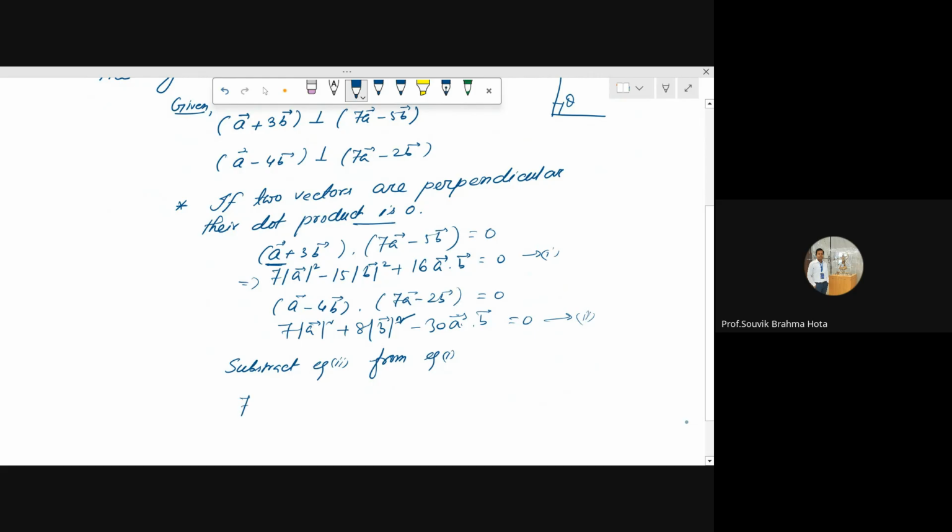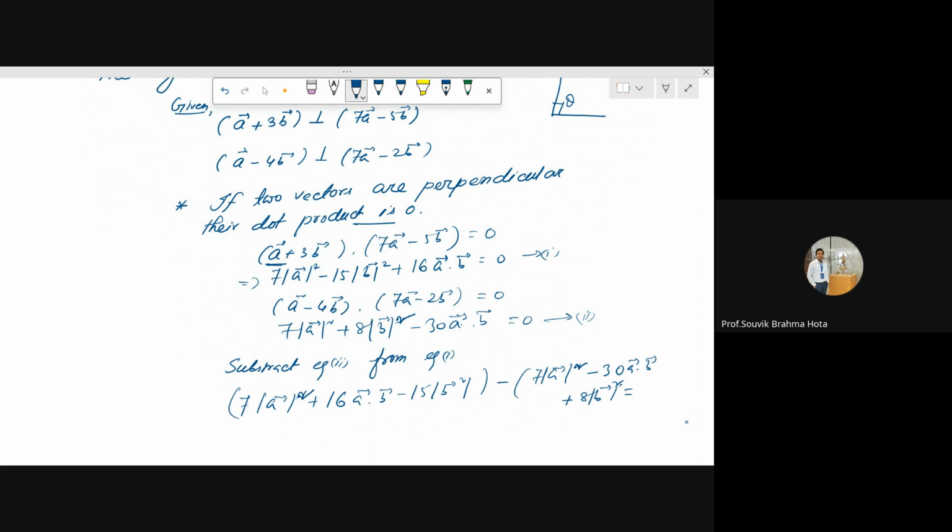So the first equation, if I write, 7a square plus 16a dot b minus 15b square, minus 7a square minus 30ab, then plus 8b square.